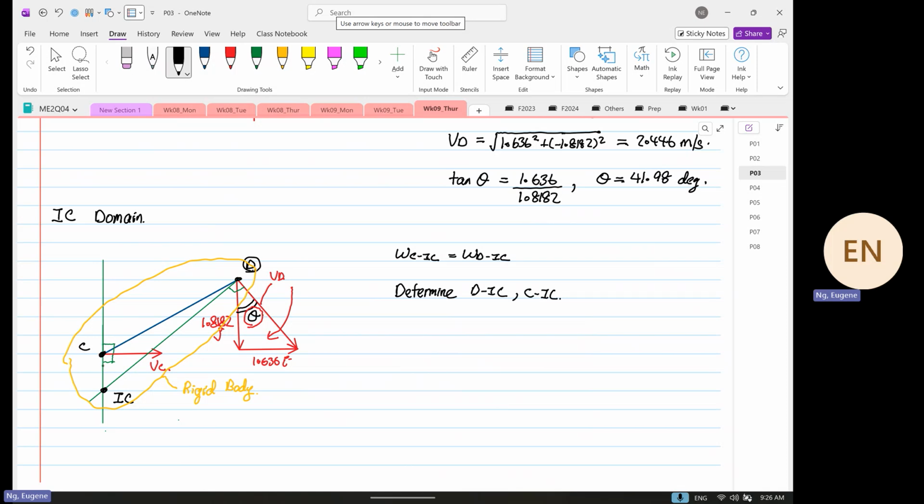We know that this angle over here is 90, and the angle over there is 30. So this is equal to 90 plus 30, which is 120 degrees.